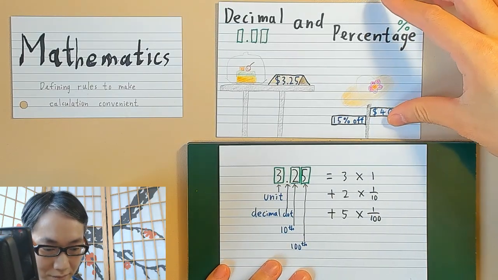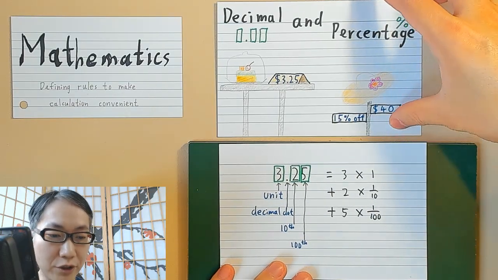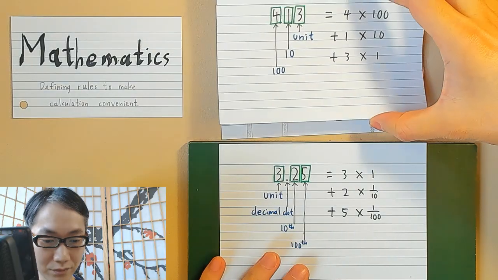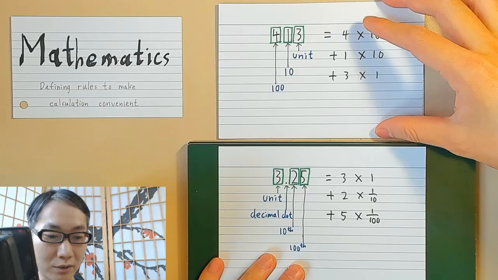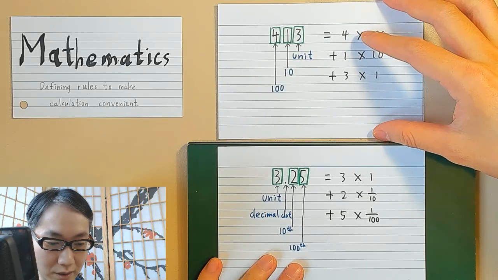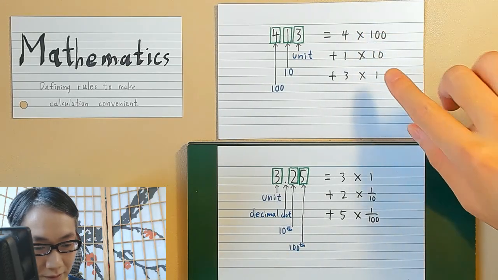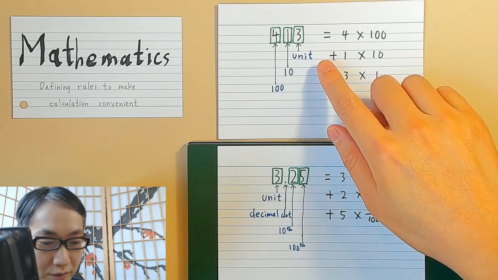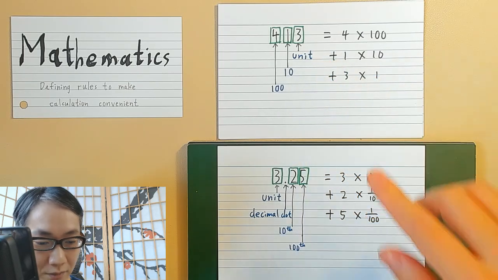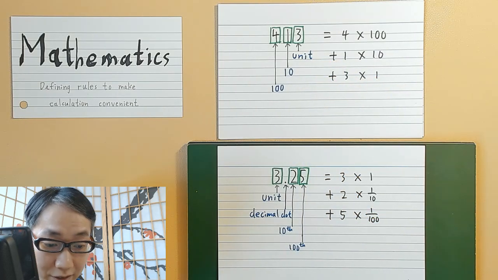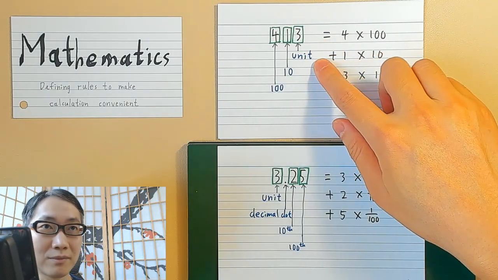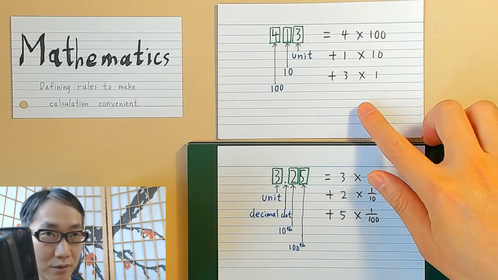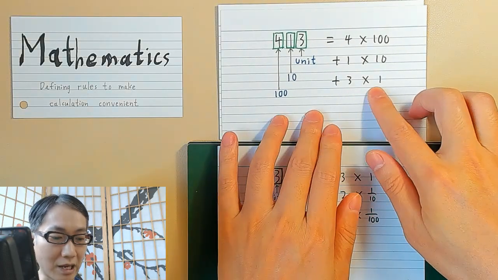Okay. So actually this is not something new. We were already using it before we knew about decimal numbers. For example, this is 413, or 410 and a 3. The 3 is the unit digit. So the 3 is times 1.